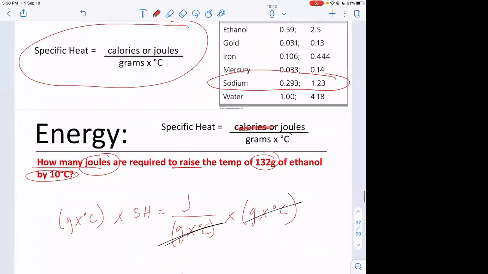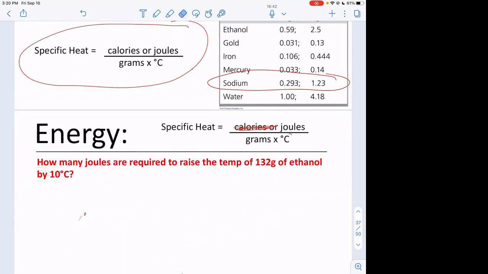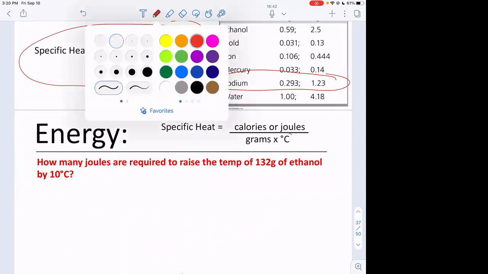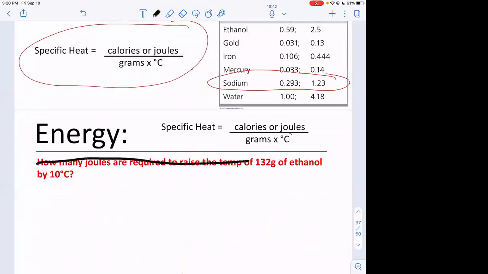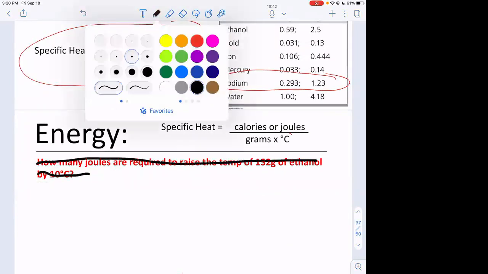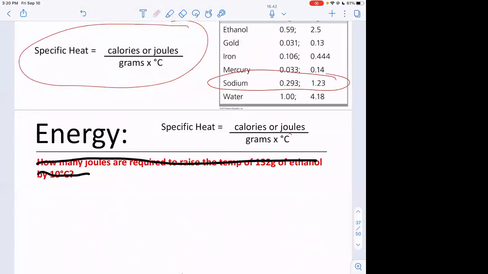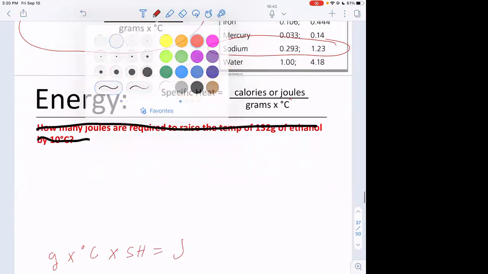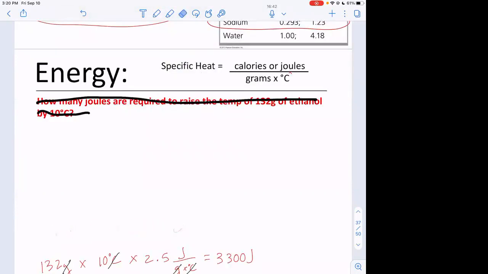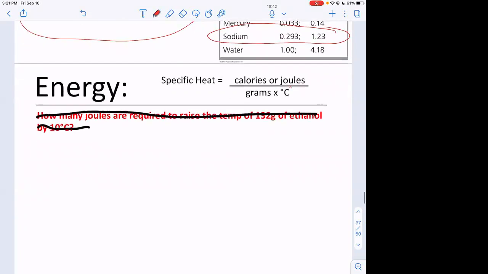Okay, I'm literally making up a problem on the spot. So ignore this. I'm going to rewrite a problem. So the specific heat of sodium is shown right there.